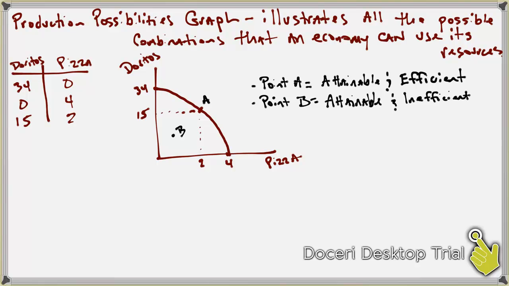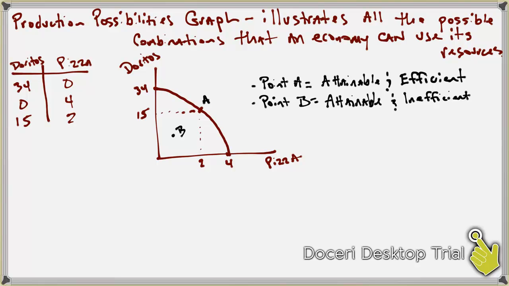That means that we have resources available that we are not using at that moment. So we're not being efficient. Maybe, in our scenario, we only had one worker, right? We were each our own worker. But if you had a business, you could have workers available, but you're choosing not to use all of them. So you can do more, but you've laid those workers off. You told them to stay home, so they're not available to work that day. So you won't be able to produce up to your potential or at an efficient point.